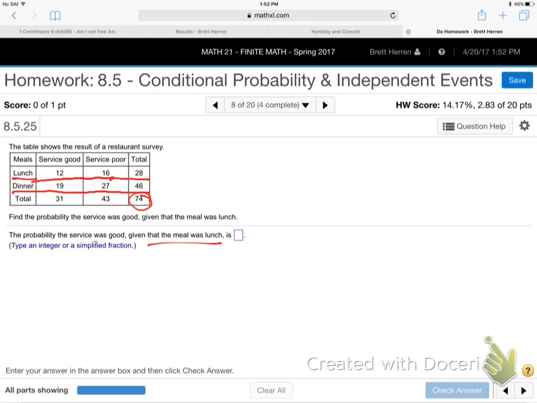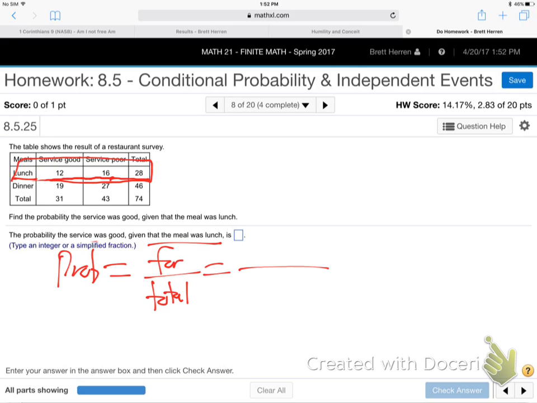We're just talking about the lunch part of it, not this stuff down here. Does that make sense? When we do probability and we're talking about lunch, the bottom is always the total, and the top is always the "for." So what's the total?